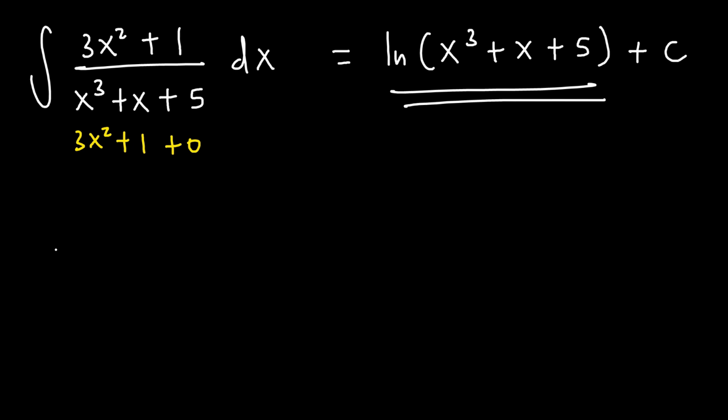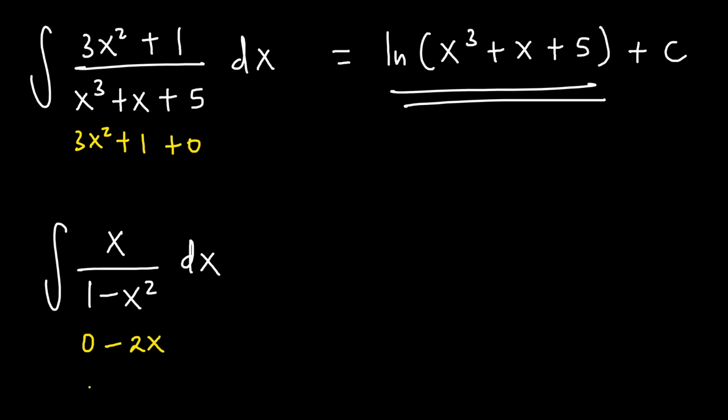Now what if you had the integral of x divided by 1 minus x to the power of 2 times dx? When we differentiate 1, we get 0, and when we differentiate x to the power of 2, we get 2x. Therefore, the derivative of the denominator is negative 2x. But the numerator is x. So we need to make sure that at the top we have negative 2x. To do that, let's multiply this by negative 2 and then divide through by negative 2.